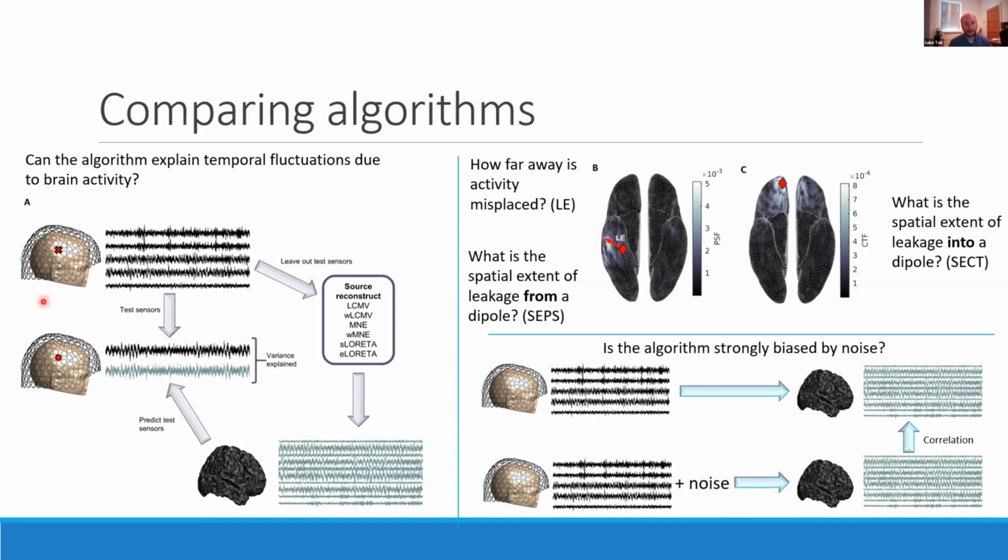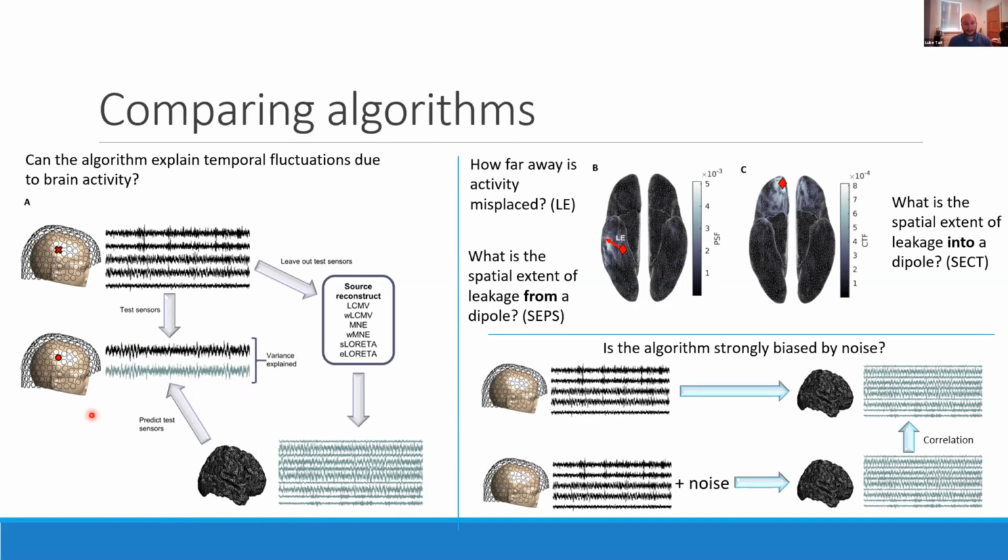Here I've only shown 1; in fact, it was between 10 and 11, and we did 27-fold cross-validation. We source reconstructed the remaining electrodes. Then, given our source solution, we forward mapped back to these left out test sensors, and calculated the temporal variance explained, the correlation squared between the predicted activity at those sensors and the real activity recorded at those sensors.